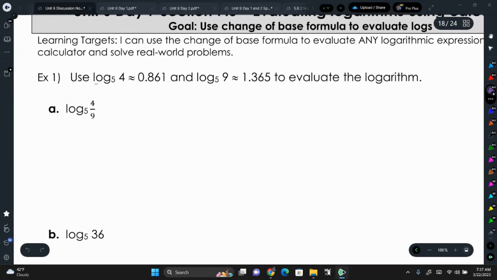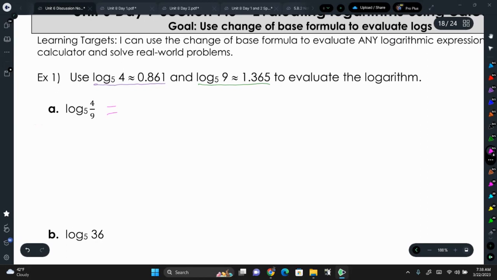So for example, we are given that the log base 5 of 4 is equal to 0.861, and we are told that the log base 5 of 9 equals 1.365. So we can do that to evaluate this log here. So it's log base 5 of 4 over 9.